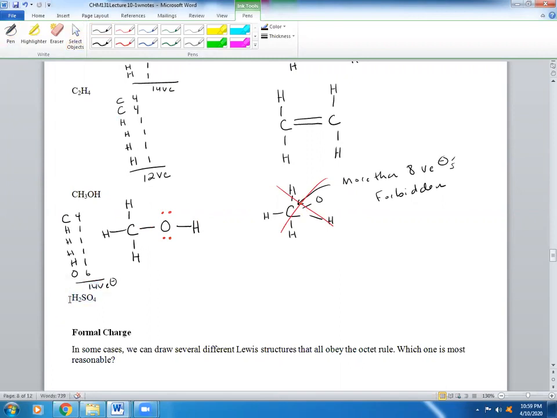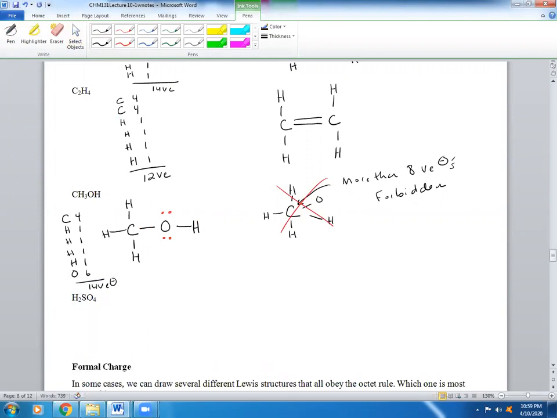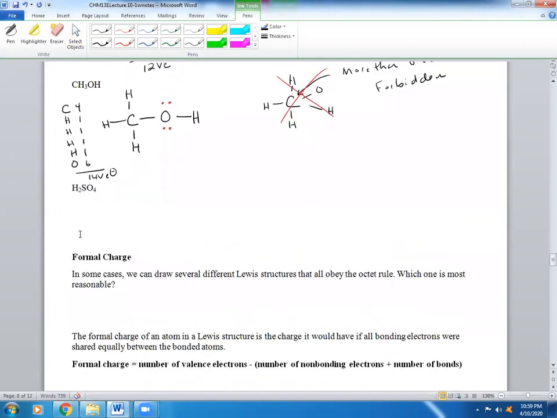Lastly, is something like sulfuric acid. So you write H, H, S, and then you have 4 O's.